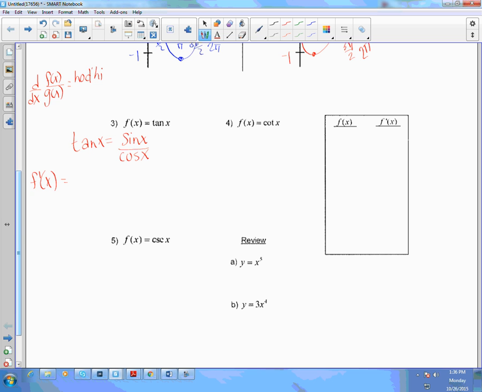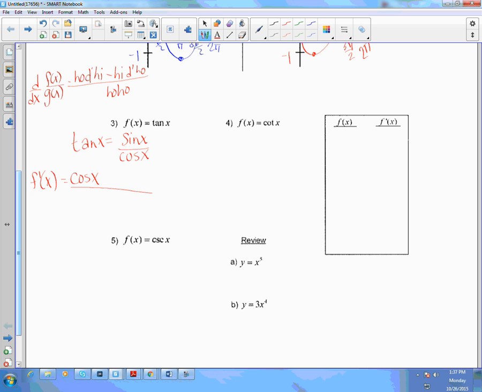Low d high minus high d low over low squared. High means numerator, and low means we take the denominator as is.